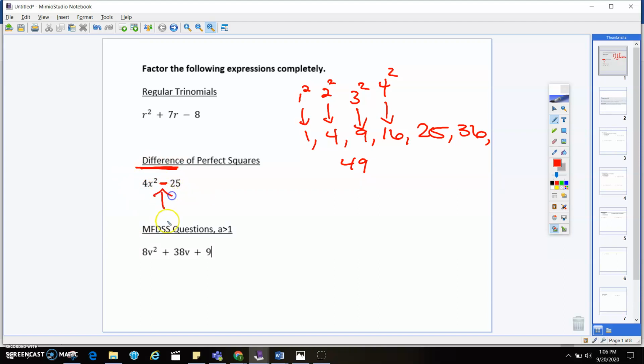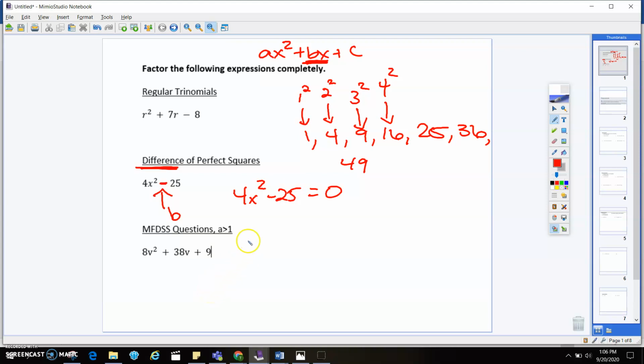Since there is no B term, you see how there's nothing that has an X term? We're missing this term. Okay, since there's no B term, all we have to do on this one is set it equal to 0 and then solve.